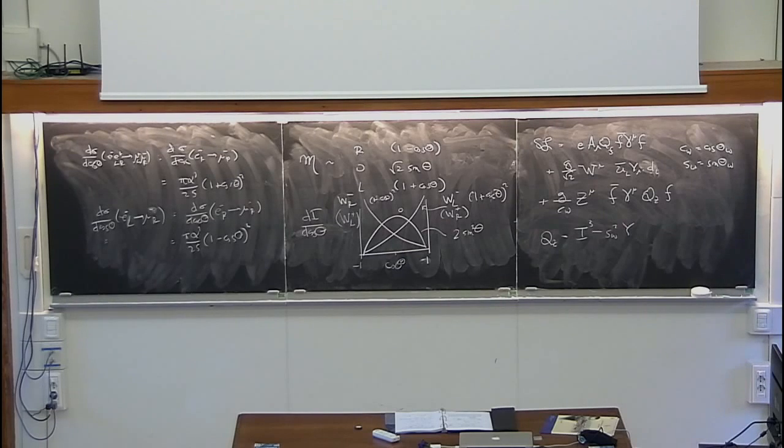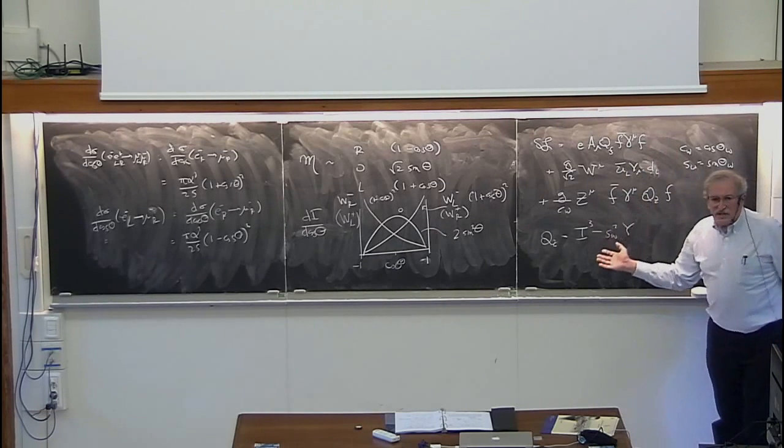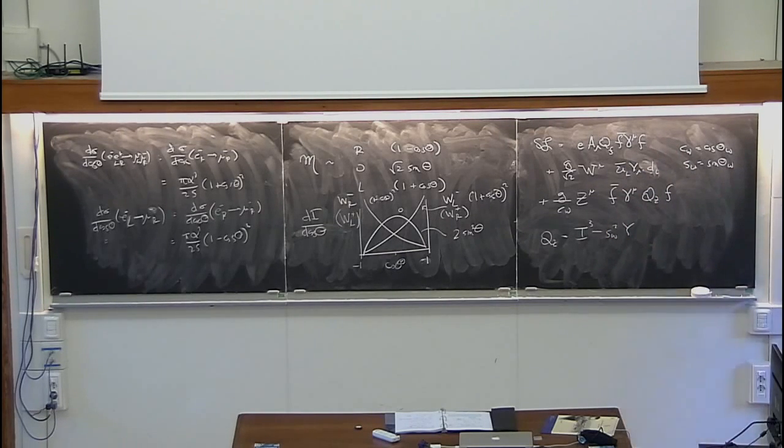So once again, I hope this is something that you folks have seen in a previous course in quantum field theory or particle physics. If you need an explanation of this, come see me this afternoon and we'll work through it.